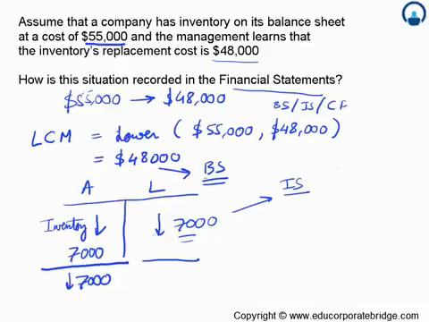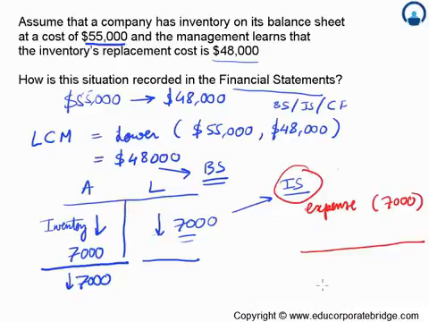When there is a write down of inventory of this sort, we take an expense to the extent of the write down. You'll note that 7,000, the difference between the two, the write down, is taken within the income statement, and at the profit after tax level this expense will flow from here. Assuming the tax rate here is 0%, the PAT level impact will be the lowering of profit by 7,000.